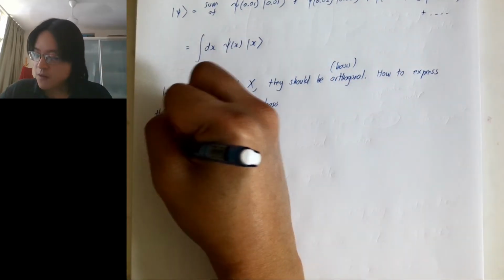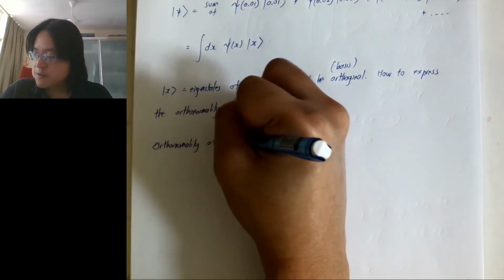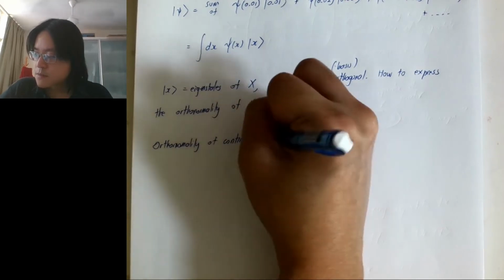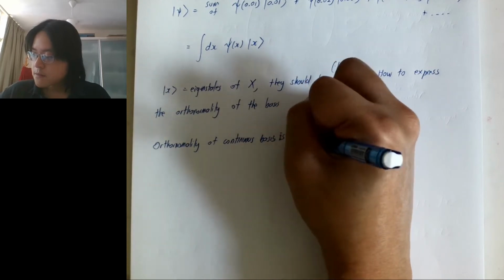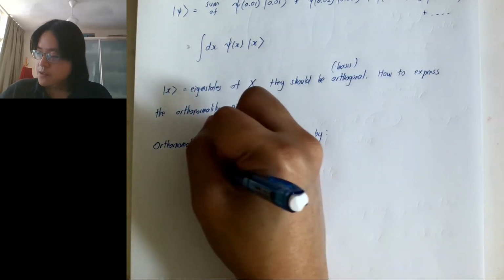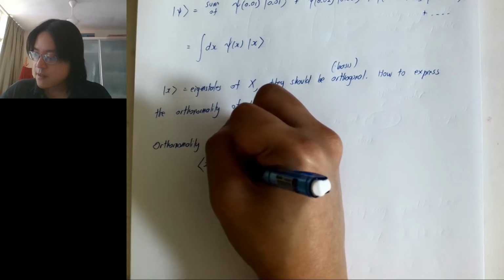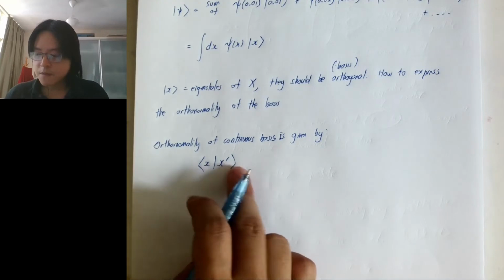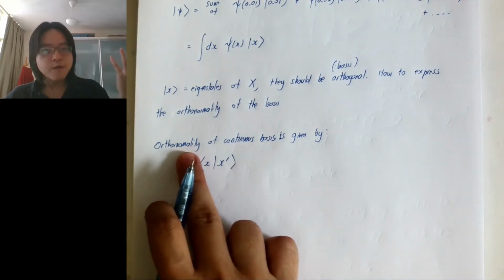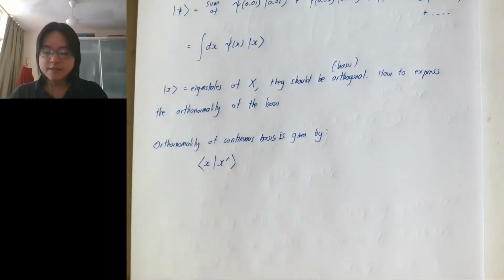The orthonormality of a continuous basis is given by, okay, usually I take the inner product between two vectors. So I take one basis vector and then multiply it with another basis vector. This is the orthonormality we want to check. When they are not the same, they should give you 0. This is the main point here.